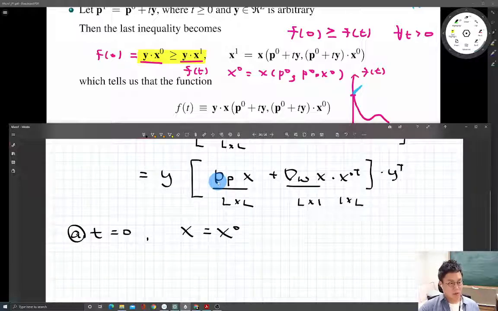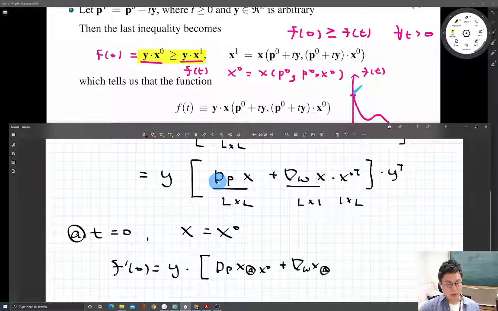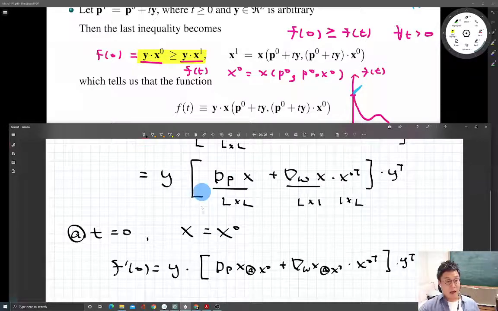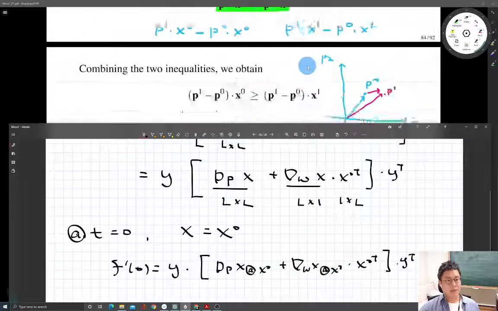So f prime of 0 is going to be y times dp of x at x0 plus the gradient of x with respect to w at x0 times x0 transpose. All right, and the expression in the bracket is going to be the Slutsky matrix.